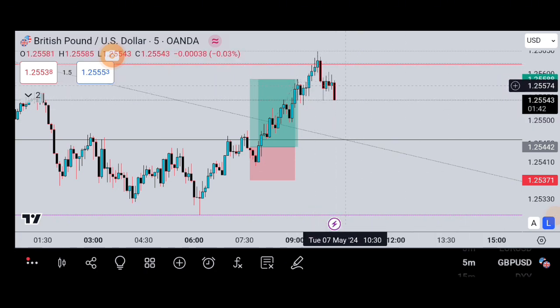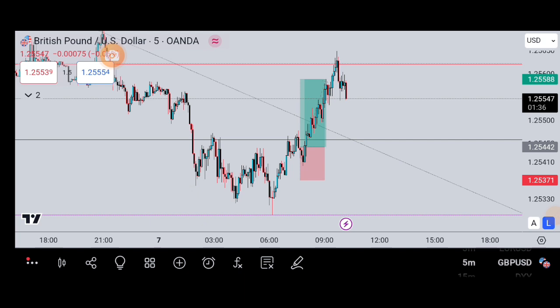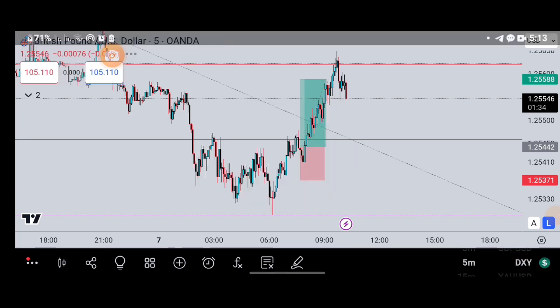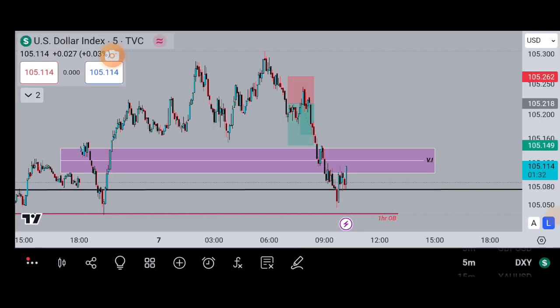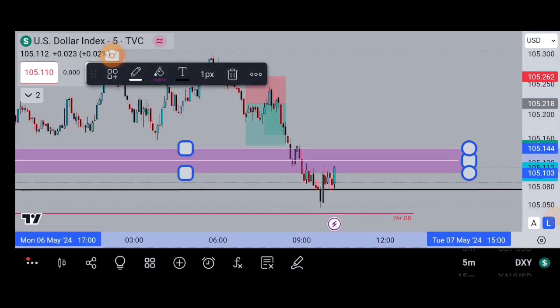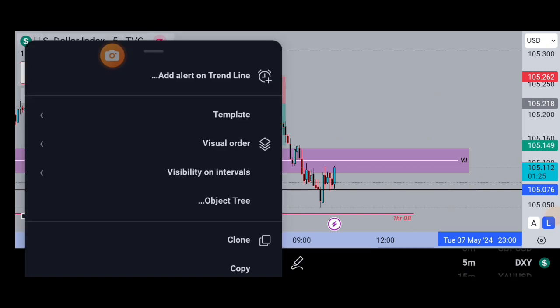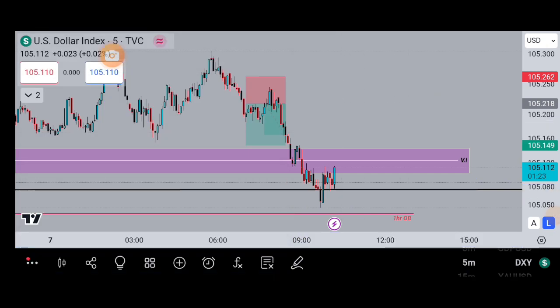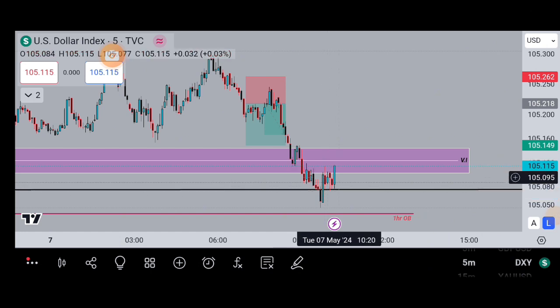Want to see the next candle open up, see a rally higher, then I'm thinking we can go shorts over here because of the price action we are seeing from the DXY, that reaction of the 4 hour order block, as well as these 5 minutes order block. So I'm expecting to see higher prices.